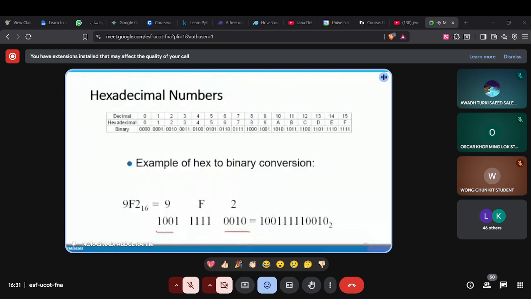So in 4 bit forms, 4 bits per hexadecimal digit. Given 9F2 hexadecimal, you want to convert to binary. So 9 is equal to 1001. Just convert F here, and 2 here. Then just combine everything. This is binary.